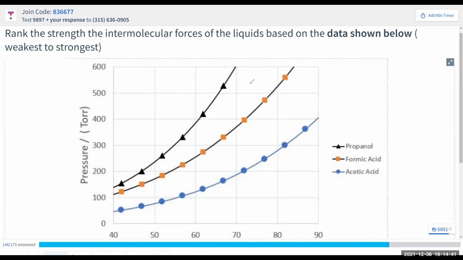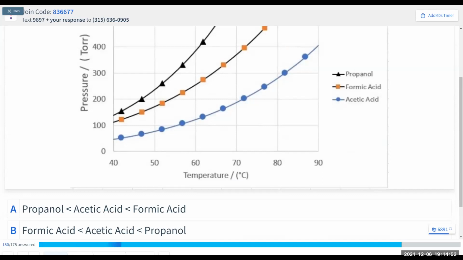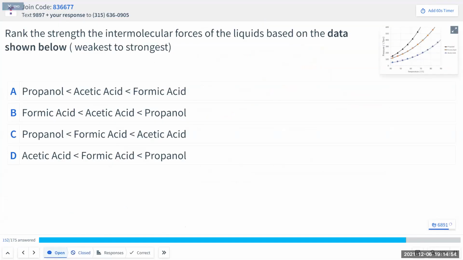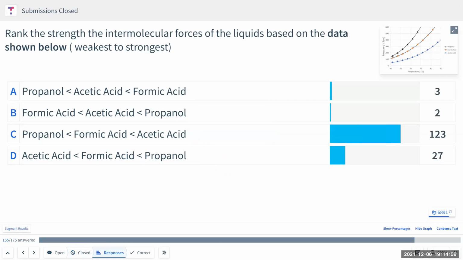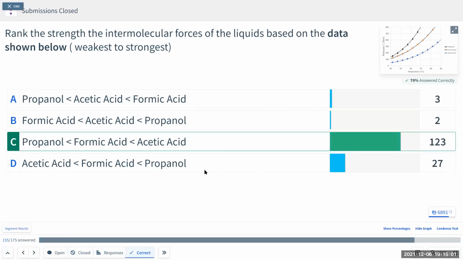That means it has the weakest intermolecular forces. And then formic acid should be in between. I'm going to close this question in 5, 4, 3, 2, and 1. And here are our responses. Option C is the correct answer.